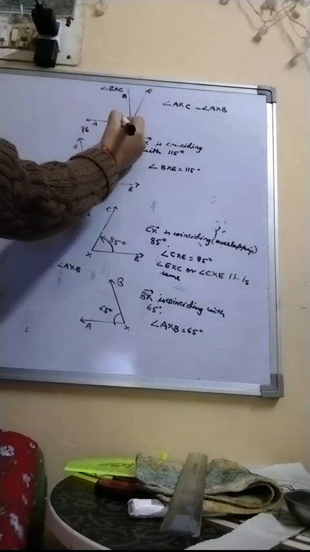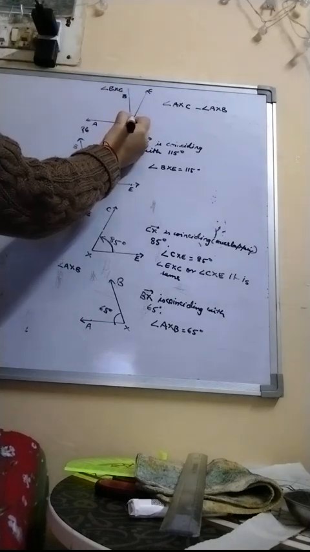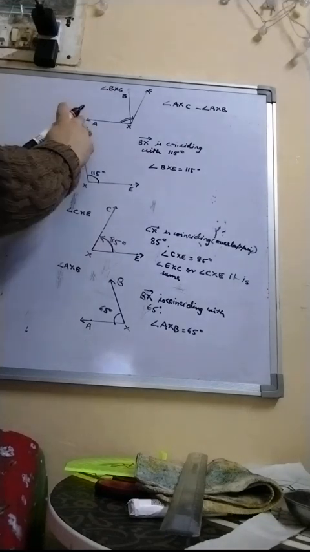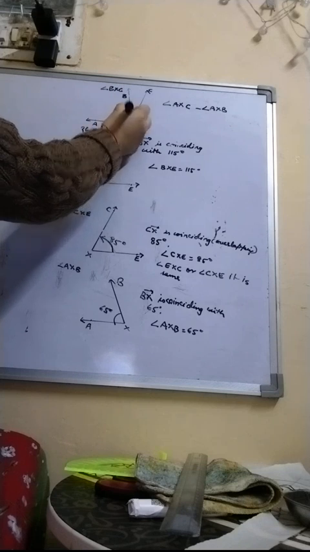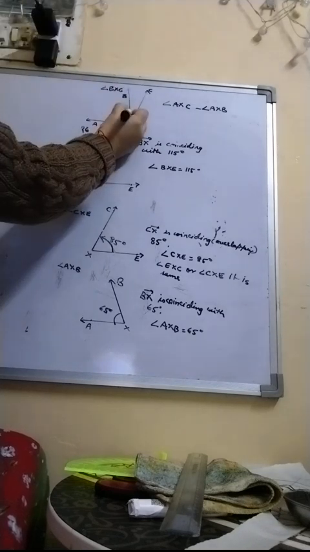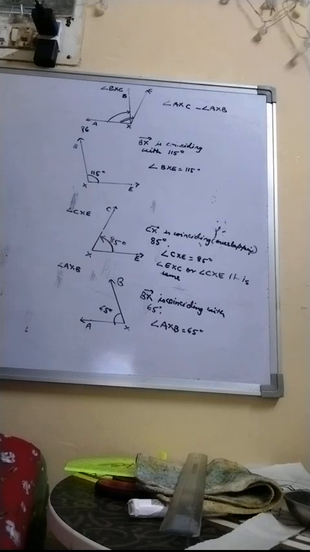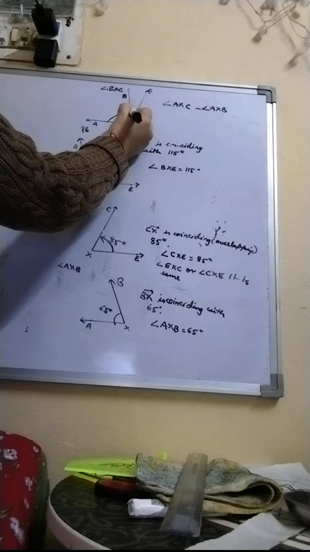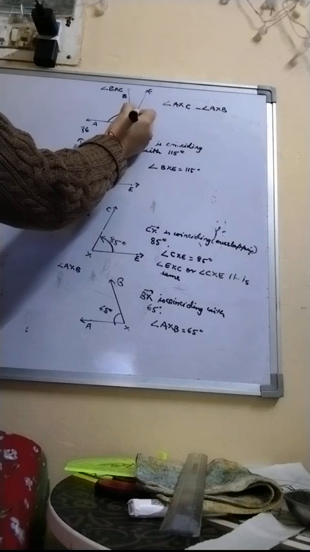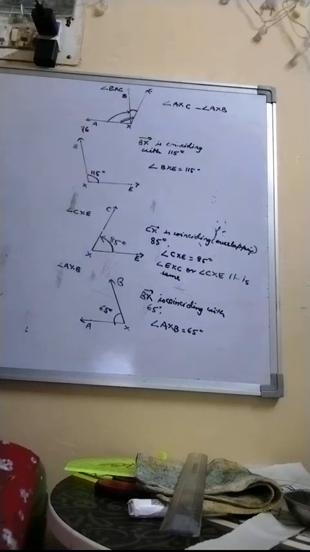This is the turning. And AXB is going from AX to BX. So how would you calculate this angle BXC? This is what you have to calculate.